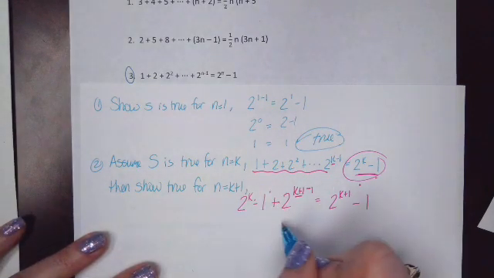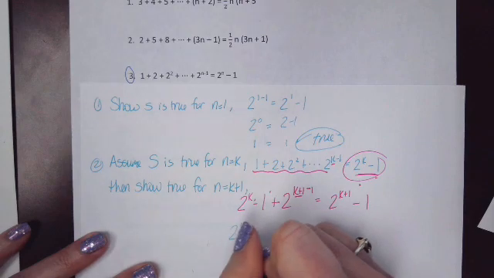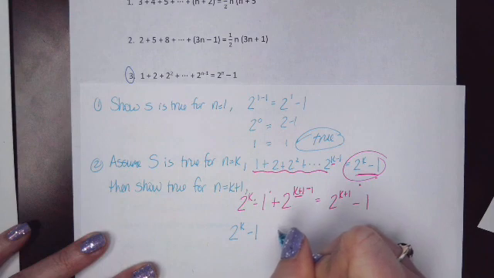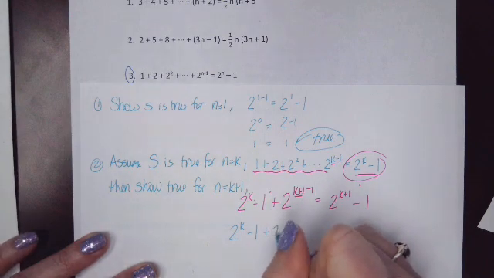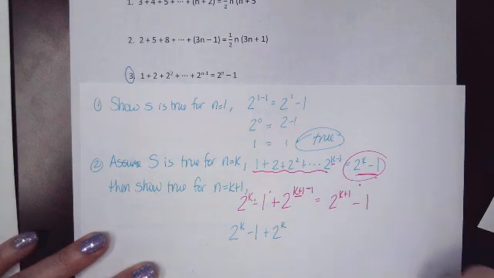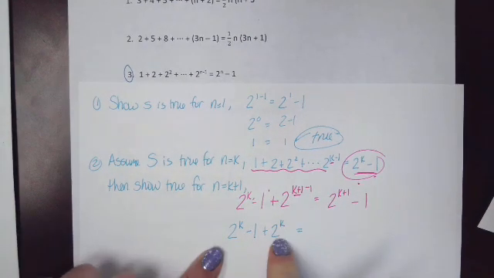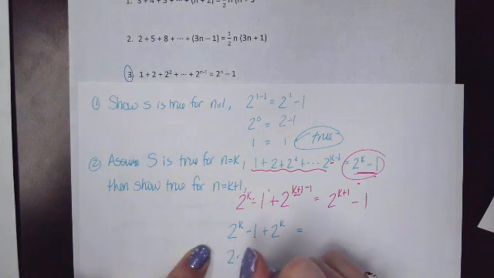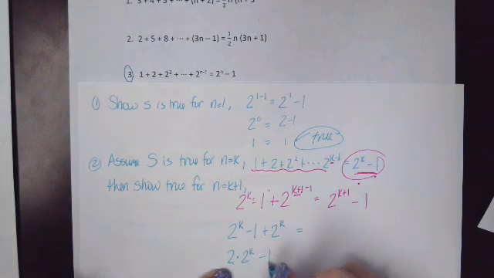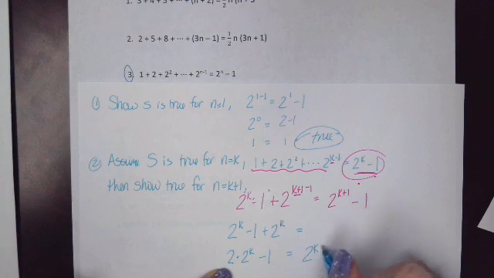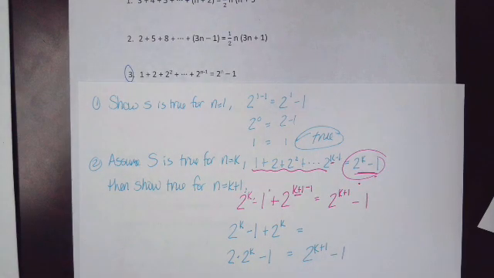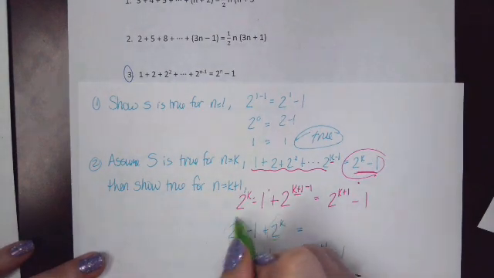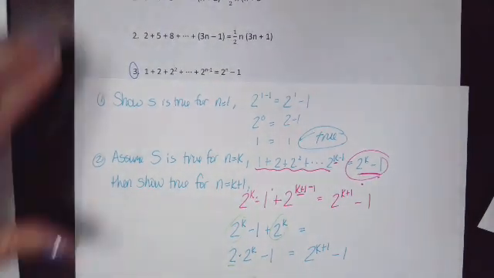All right, so let's clean up this left. We've got 2 to the k minus 1, and then this becomes 2 to the k again, so plus 2 to the k. So right here, these are the same, right? I had 2 to the k and 2 to the k, so that's 2 of those 2 to the k's.